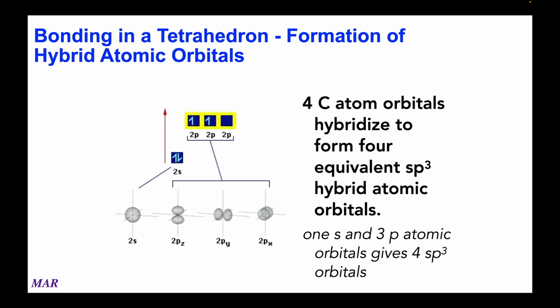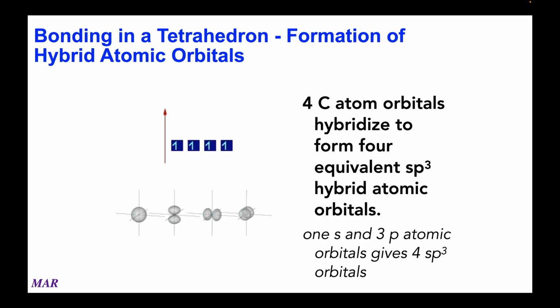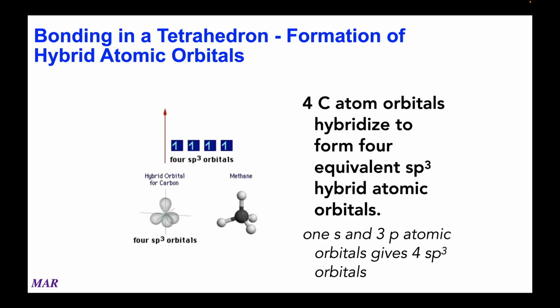When these atoms form methane, their orbitals are thought to hybridize to form 4 equivalent orbitals. Because each hybrid orbital for the carbon atom is composed of 1 part s orbital and 3 parts p orbital, they are called sp3 orbitals. The energies of the hybrid orbitals are the average of the original atomic orbitals.